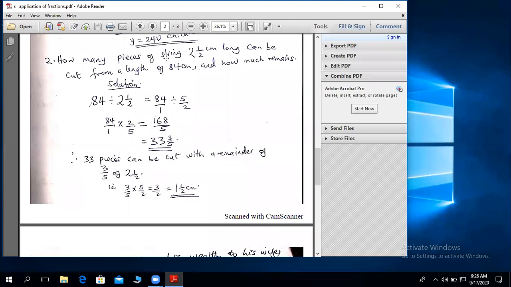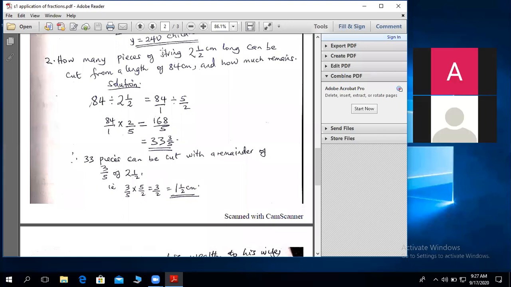Then from that string, you want to divide it into smaller portions of 2.5. So what do you have to do here? How many pieces of string 2.5 centimeters long can be cut from a length of 84 centimeters, and how much remains?